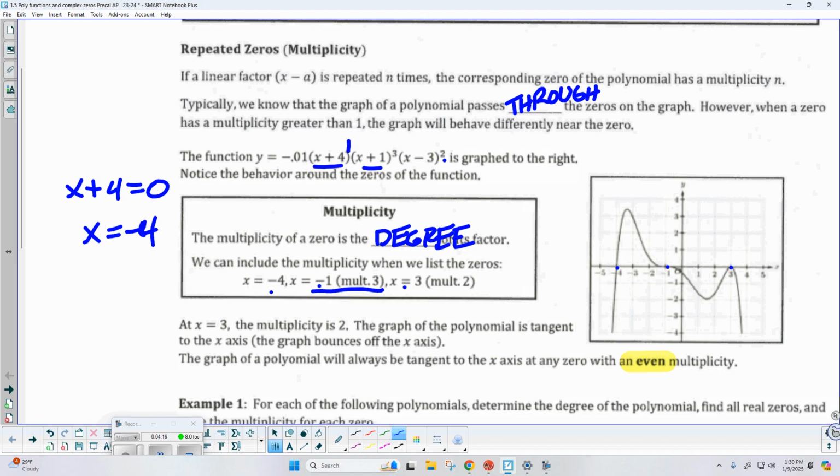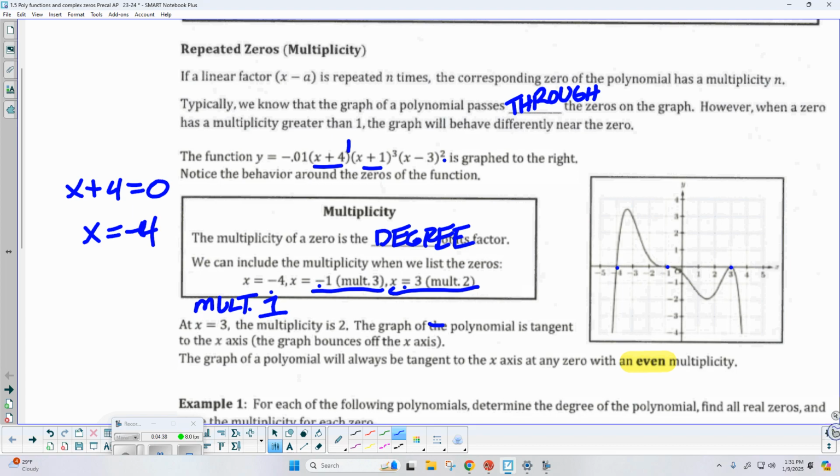Because x minus 3 is squared, the root 3 has a multiplicity of 2. Now, we're not putting a multiplicity for negative 4 because it was just to the first power. So if it's just to the first, you don't have to write out the multiplicity. But for this first lesson, I'm going to go ahead and say multiplicity 1.